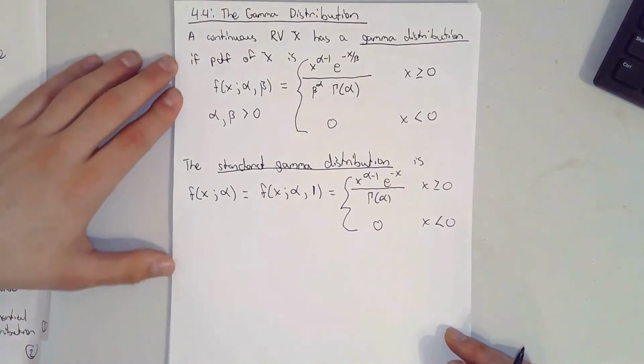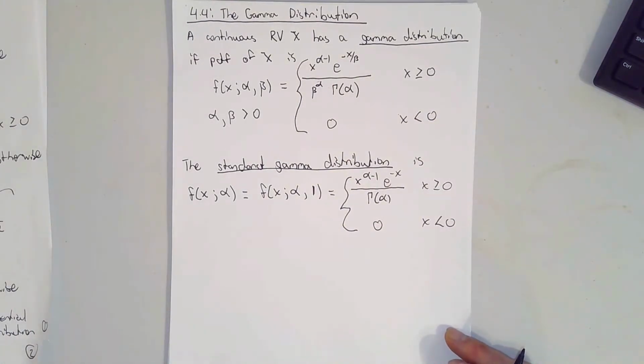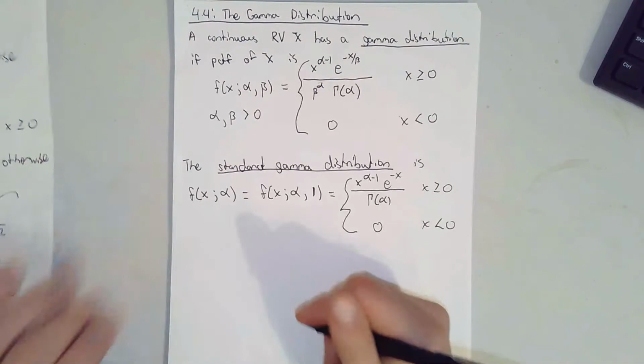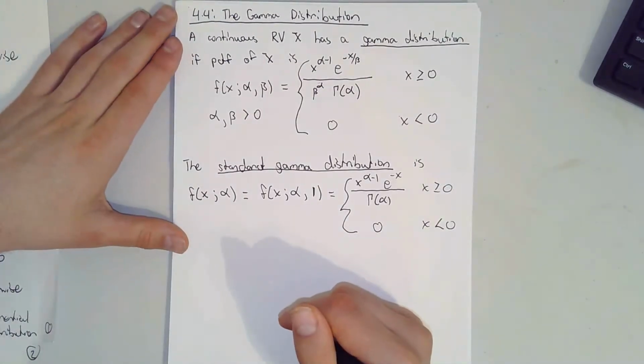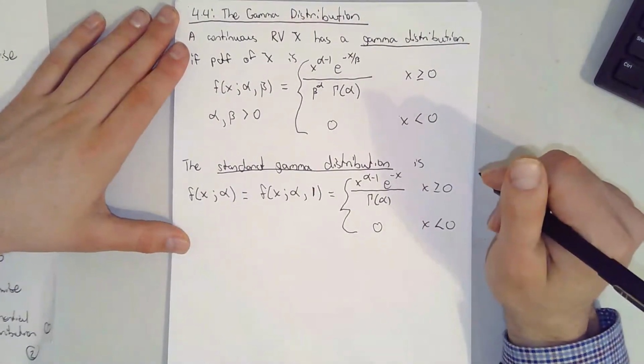This piecewise defined function. So notice, what is the correlation between the gamma distribution and the exponential distribution?